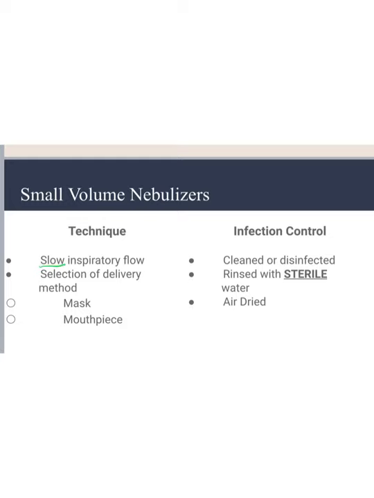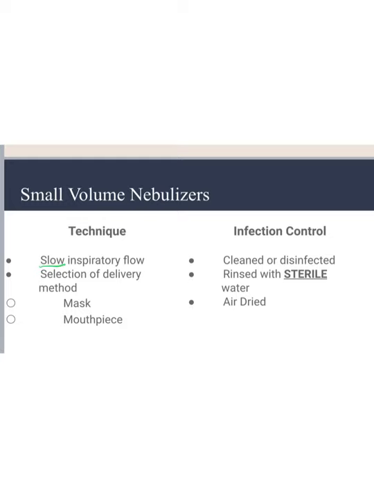And then we want to let them air dry. We can let them air dry on a clean washcloth if they have them, but most of the time we're going to use a paper towel. And the CDC recommends cleaning and rinsing them out between each use while in the hospital.